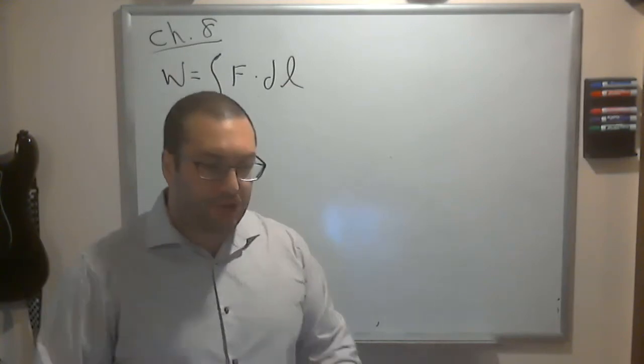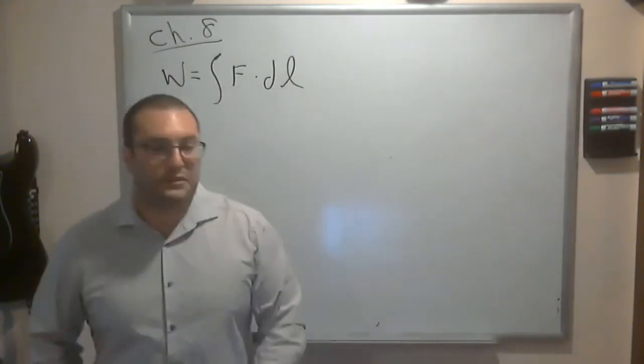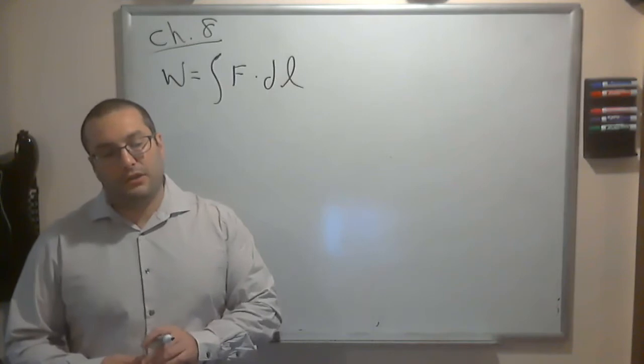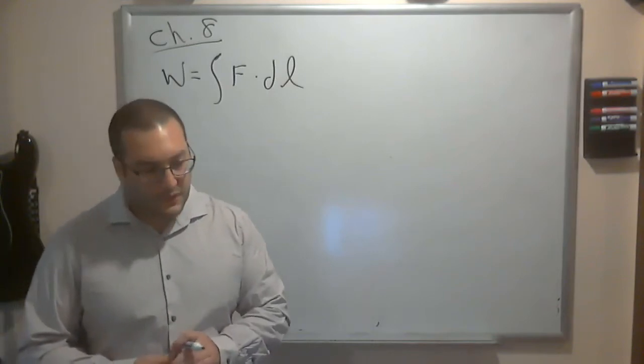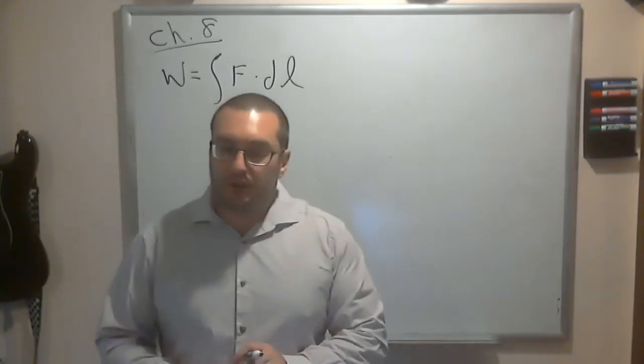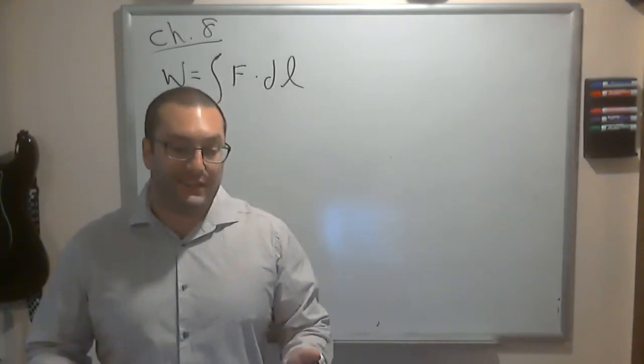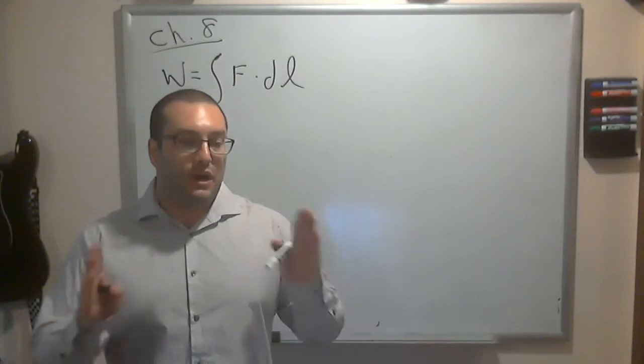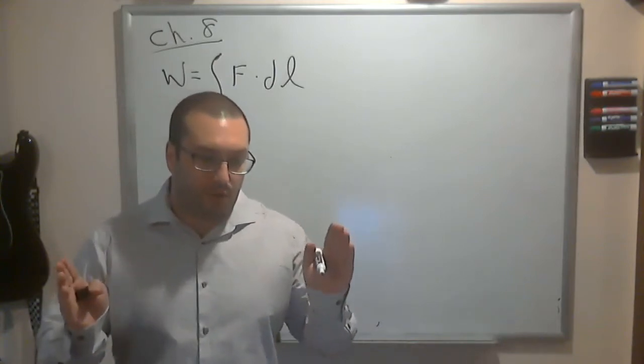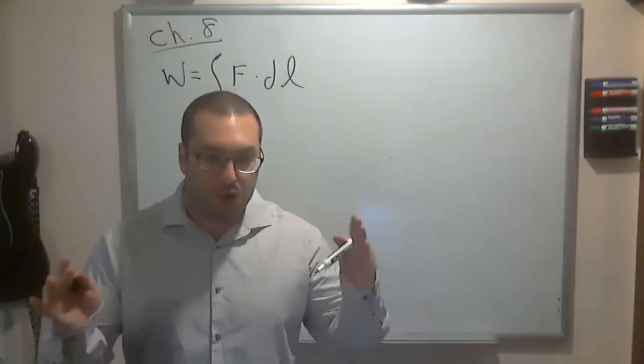Now, it's really interesting. What is energy exactly? There's actually not a very good definition of what energy is. If you think of a meter, it's very well defined. It's a unit of length.